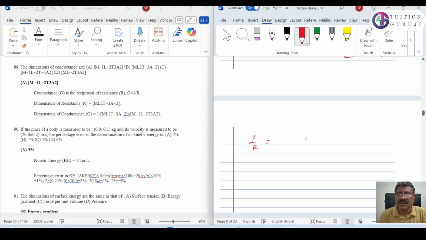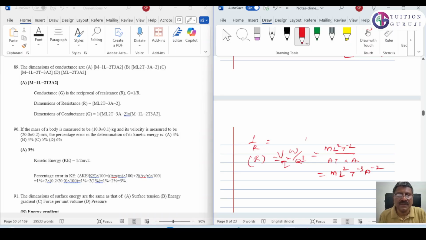So dimension of R is equal to, we know W by Q, V by I. That means W by Q I is equal to, W is work ML square T raised to minus 2, divided by charge which is A into T, into A. So it will be ML square T raised to minus 3 A raised to minus 2.